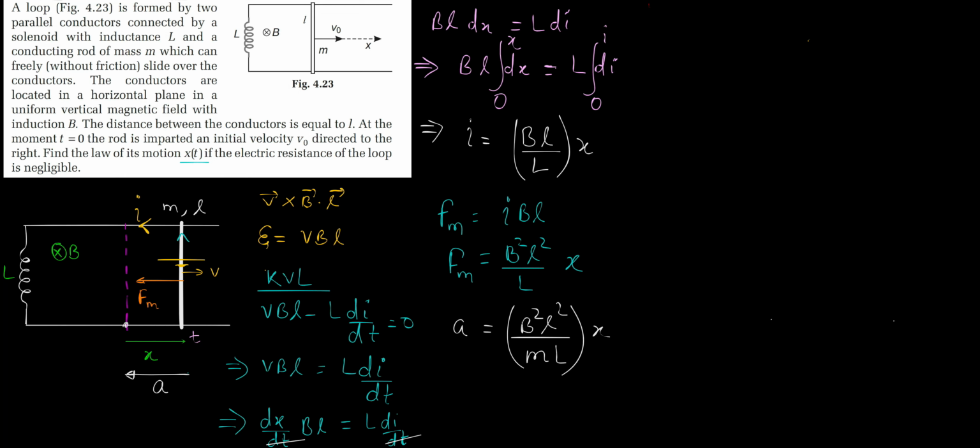Because no current is flowing here, so ILB will be 0, right? So magnetic force will be 0, and hence that position will be the mean position. And we can also observe that the direction of acceleration is opposite to the direction of displacement of this rod. Well, so we have this acceleration as a function of x, which is nothing but SHM's equation.